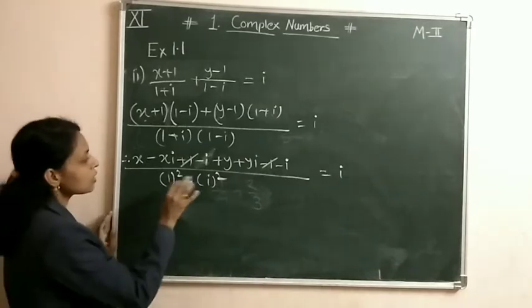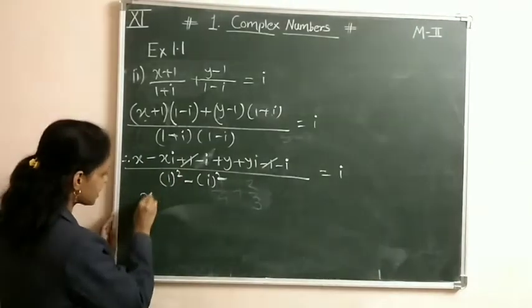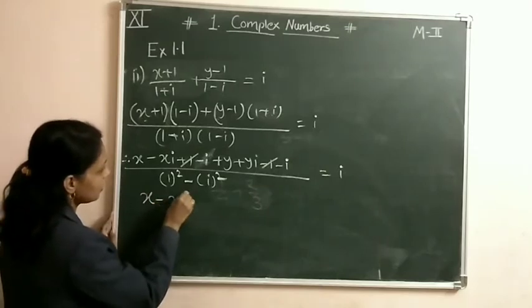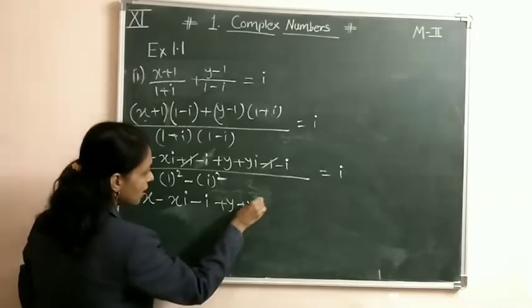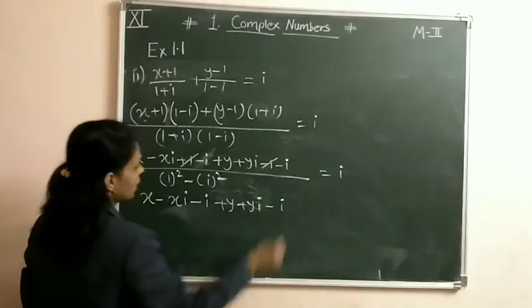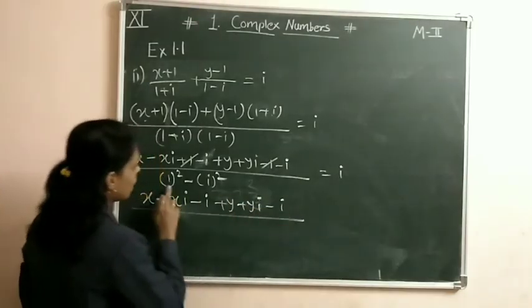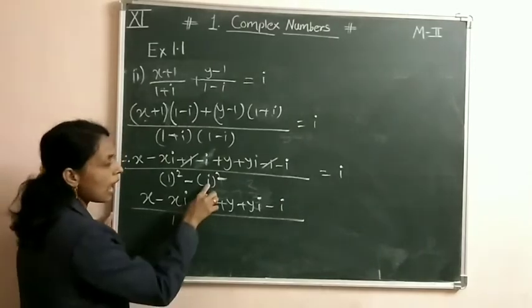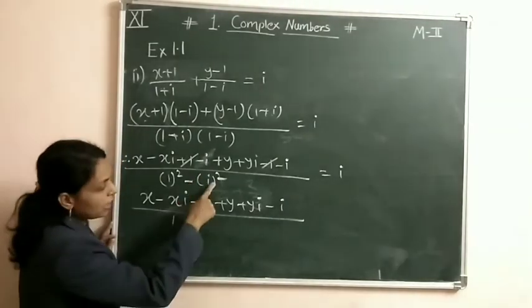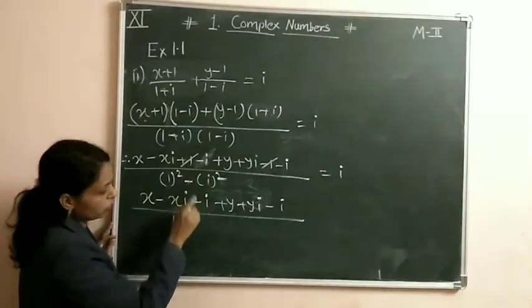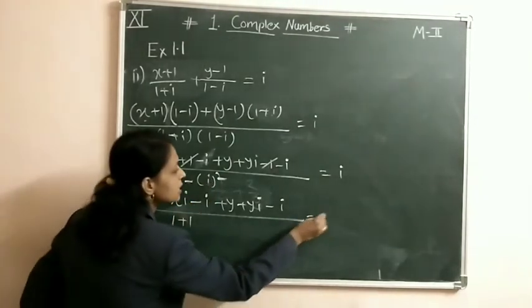Okay, now see what is remaining: x minus xi minus i plus 1 plus yi minus i upon 1 squared minus i squared, negative 1, negative 1 into negative, so it becomes positive 1, is equal to i.